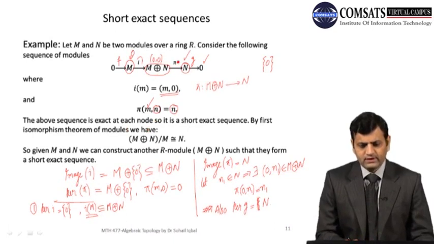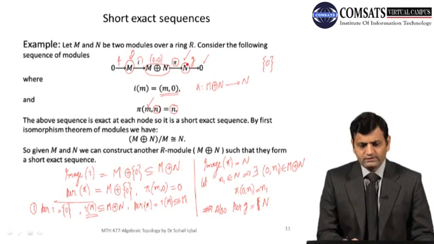Now consider this R module homomorphism pi. The image of i, which is i of M, must be equal to the kernel of pi. So the kernel of pi is equal to i of M, and of course this i of M is isomorphic to M. So we can say that the kernel of pi is isomorphic to, or equal to, M, because equality of R modules is this isomorphism.